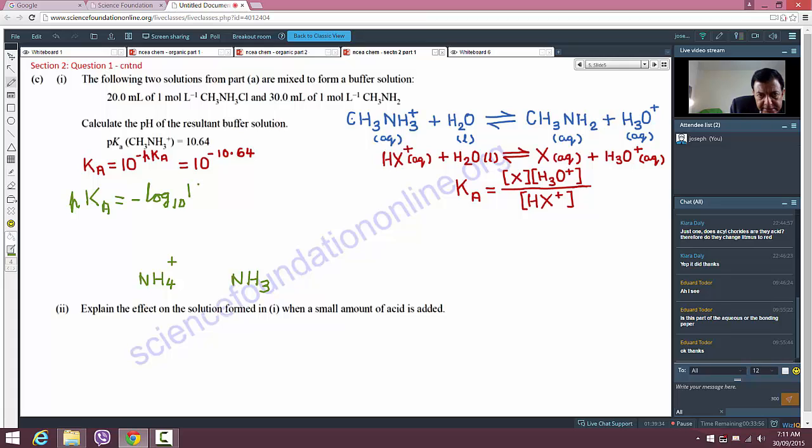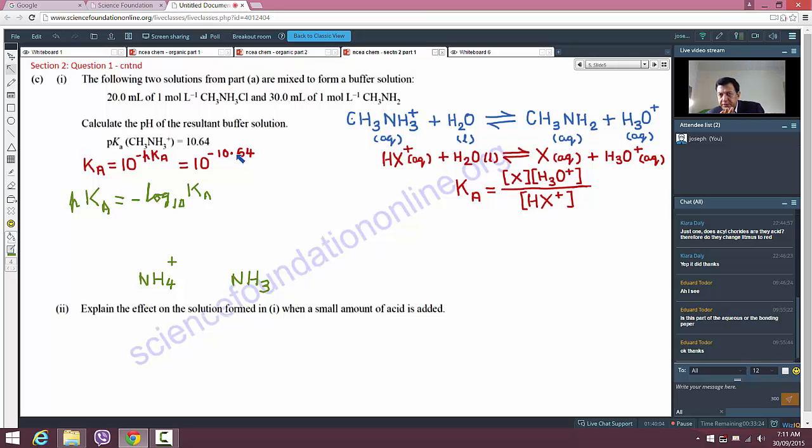So in that case, by our mathematics rules, our Ka value becomes 10 to the power negative of the pKa. And they tell us the pKa of this acidic species CH3NH3+ is 10.64. So the Ka value of CH3NH3+ will be 10 to the minus 10.64.